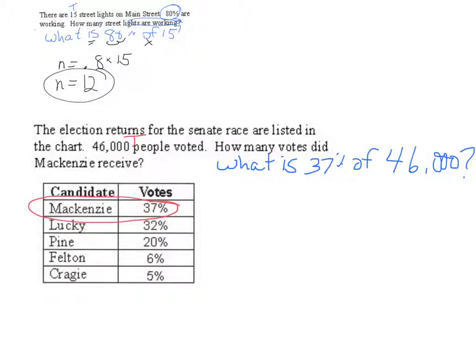So I'm going to change 37% to a decimal. So I need to move my decimal 2 places to the left. And I forgot my variable in the beginning there, so I'm going to fit in n equals 37% of, of is times, ooh, I should have used an n instead of an x.